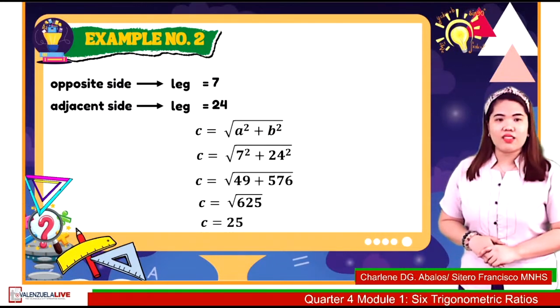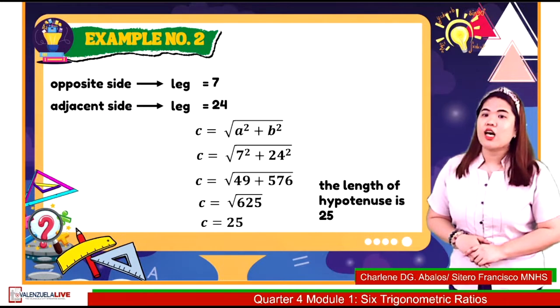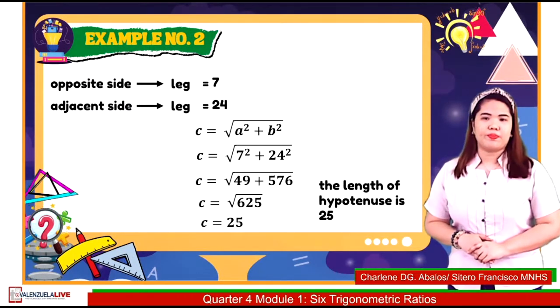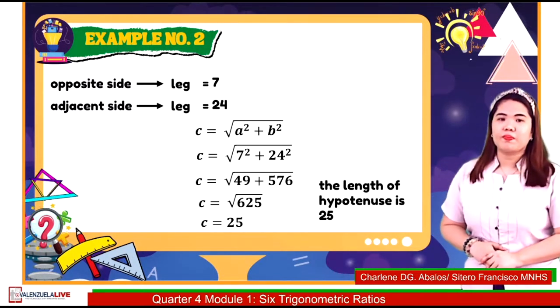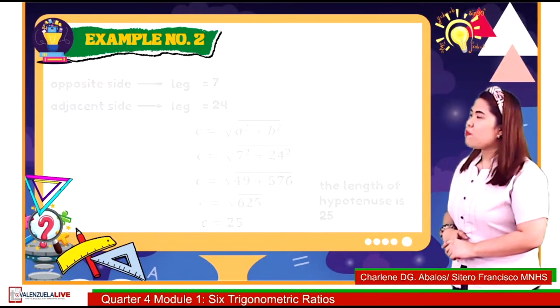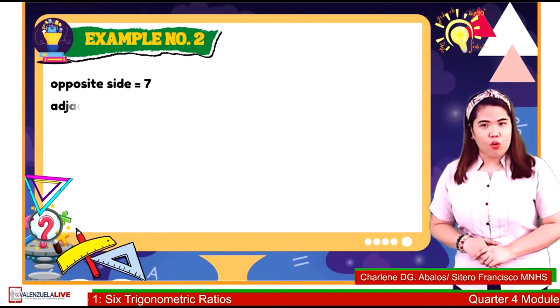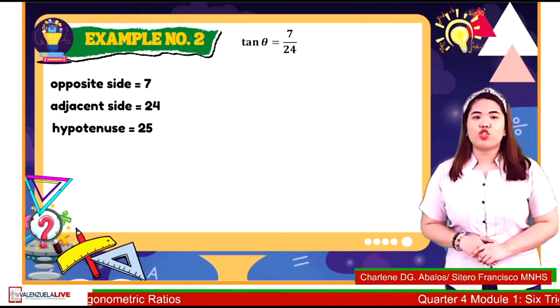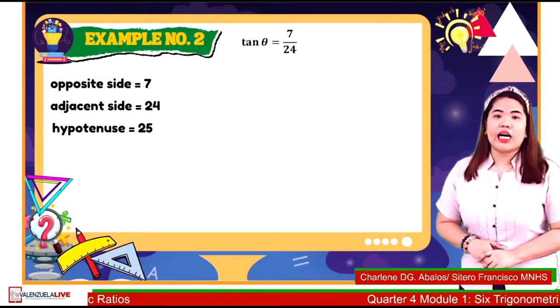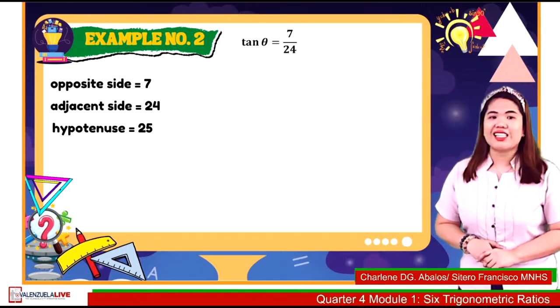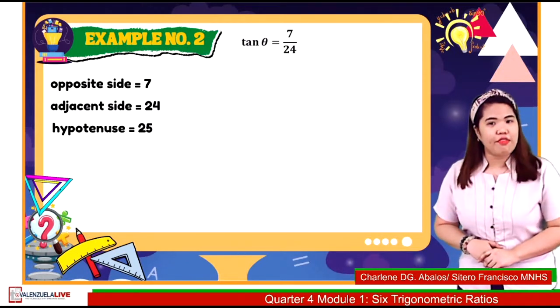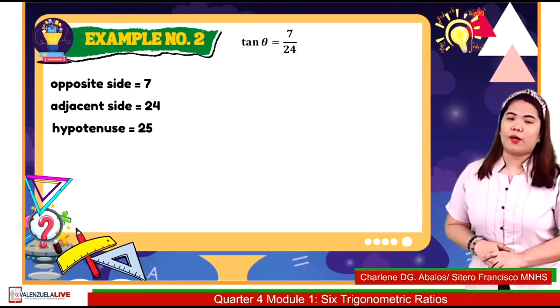Hence, the length of the hypotenuse is 25. Now let's recall: the opposite side measures 7, the adjacent side measures 24, and the hypotenuse measures 25. The given trigonometric ratio is tangent theta is equal to 7 over 24.